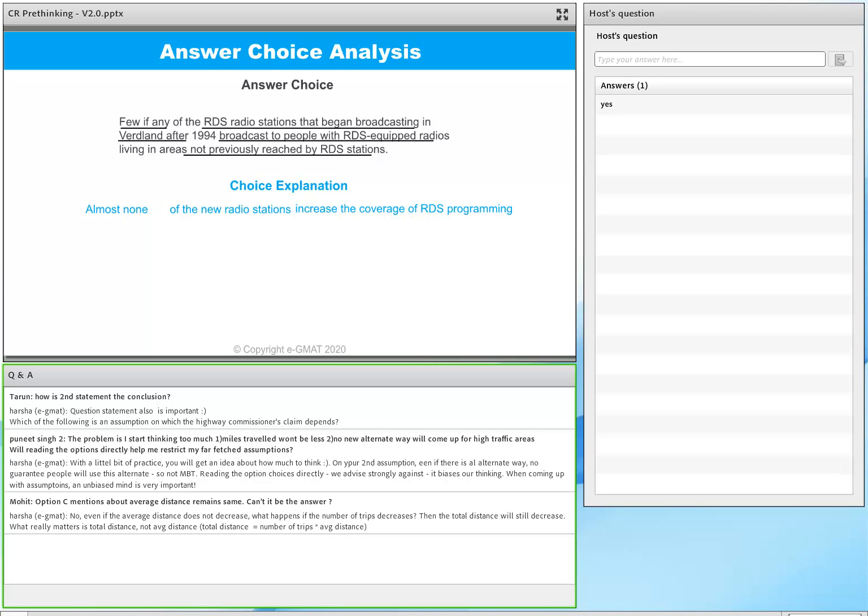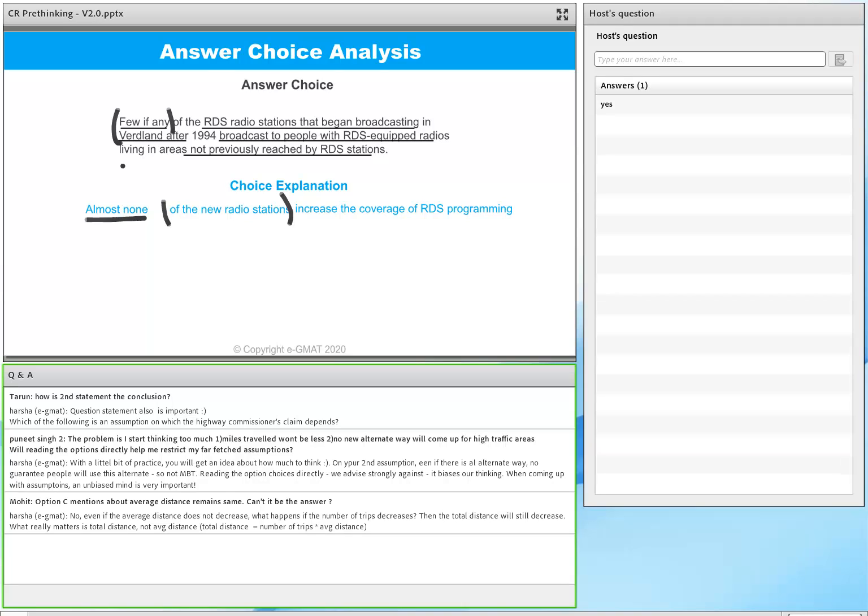It's a very complex choice, so let's go piece by piece. Few, if any, is almost none of the RDS stations that began broadcasting after 94. Those are the new RDS stations.